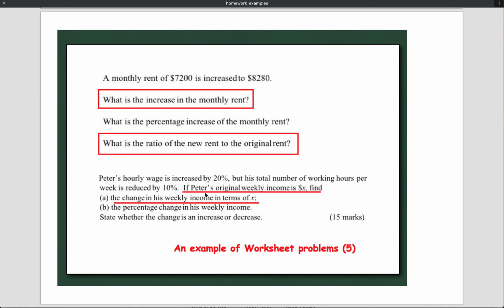The second one below is similar in this sense; the underlined parts are the additional parts after modification. The original question is finding the percentage change in his weekly income. So you may wonder whether the additional part is added in order to make the question easier.